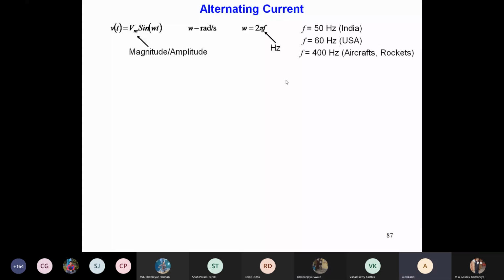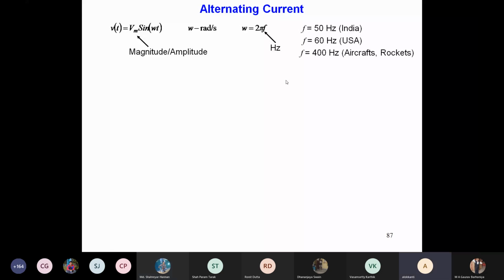Basically, as the supply frequency increases, the size of the machine comes down.